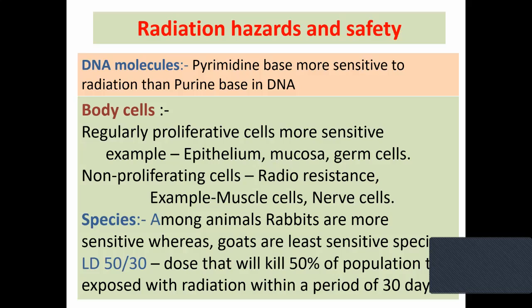This LD50 by 30 is different from the pharmacological one. In pharmacology also we study LD50, but here in the case of radiation it is different. LD50 by 30 in radiology is the dose of radiation that will kill 50% of the population exposed to the radiation within a period of 30 days. It's called LD50 by 30.